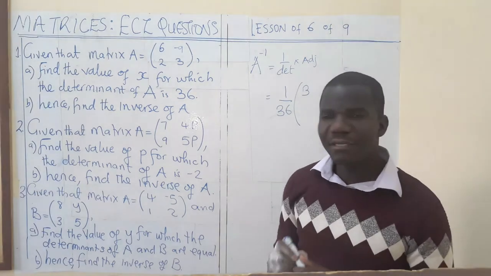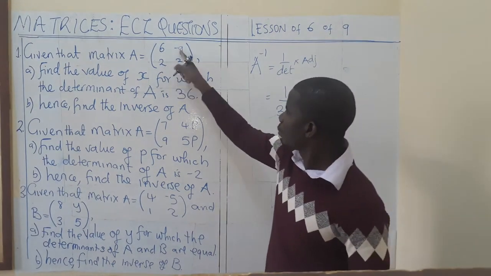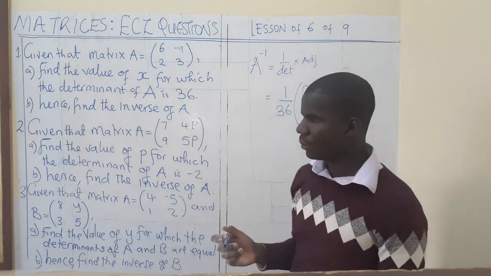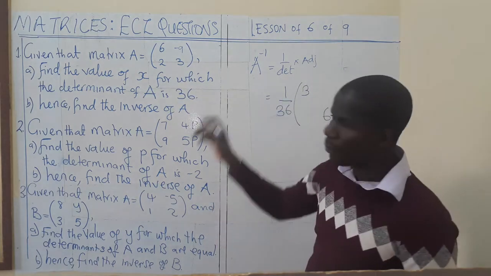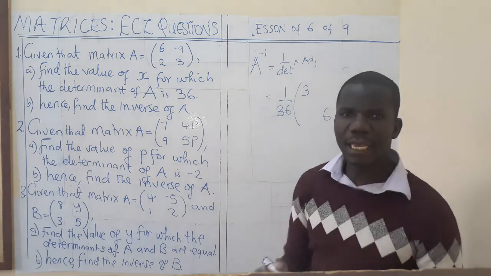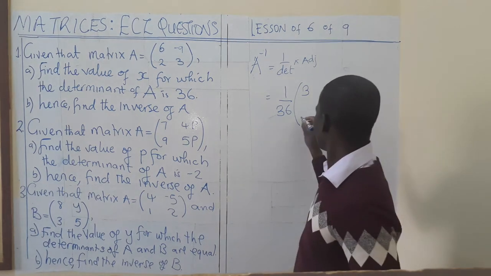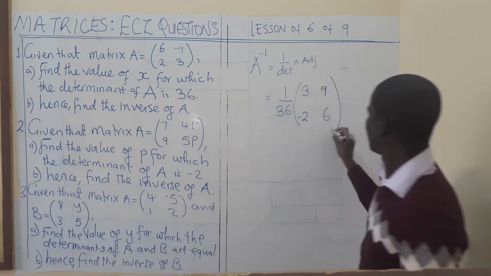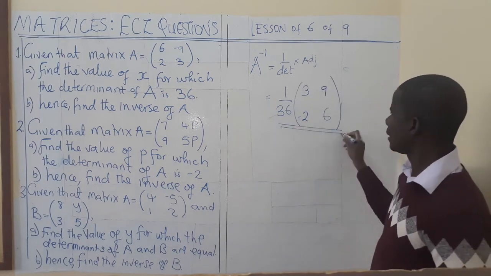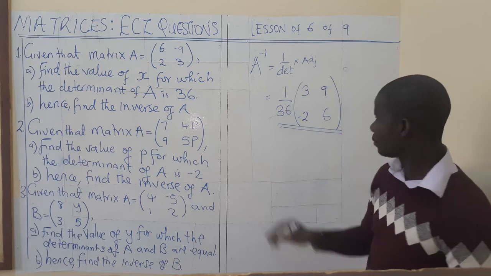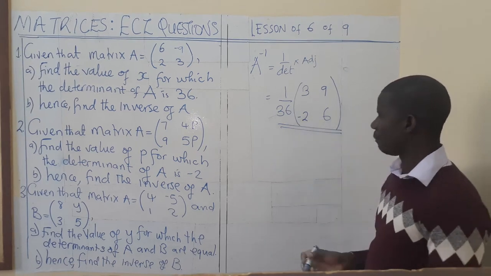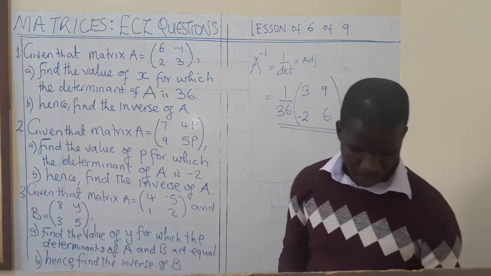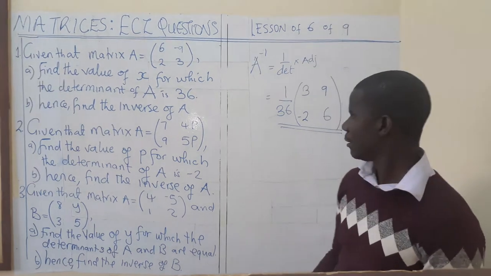After you have found the value of x, these two elements in the minor or trailing diagonal will change their signs. So this one will be negative, this one will be positive. We can leave it at this point. Don't bother yourself to simplify. You will still get the same number of marks.